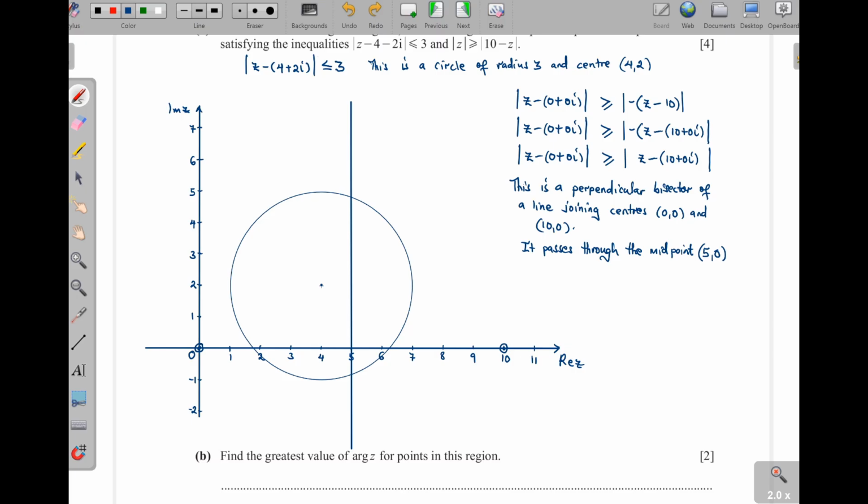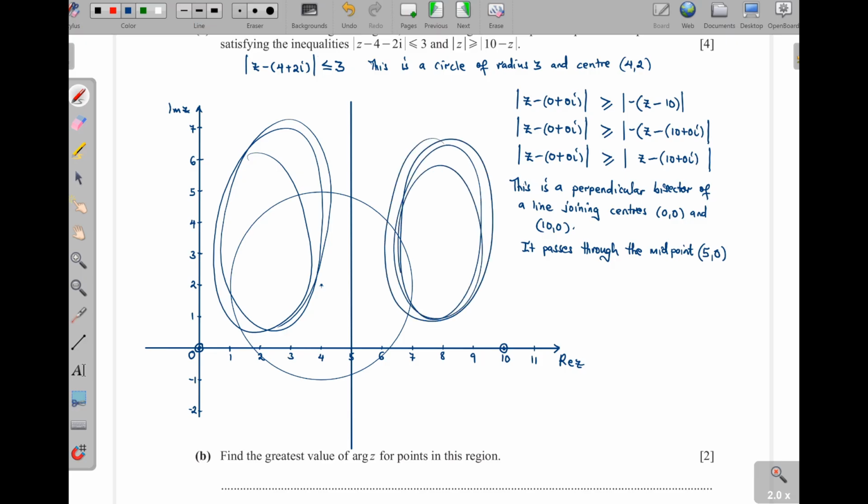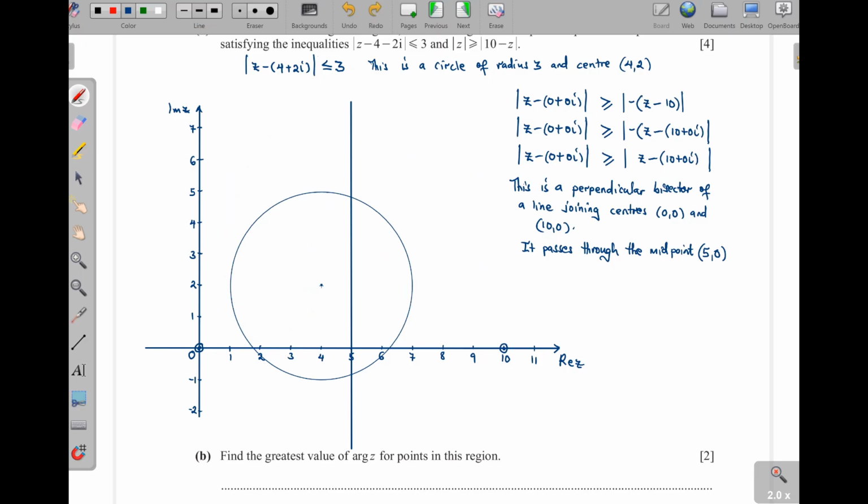Now, we have 0, 0. Okay, 0, 0, the point is here. Then 10, 0. Okay, 10, 0 is this side. So we have these points that are on this side and also points that are on this side. So any point that is here, okay, it is nearer to this point, but far away from this point.